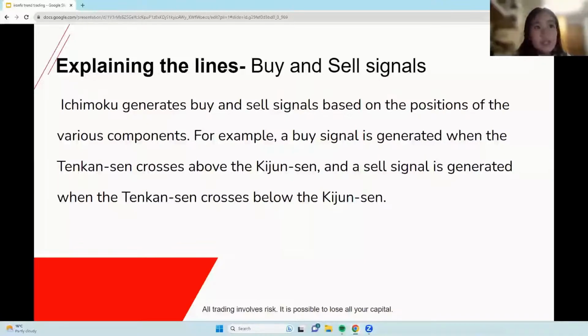So when you analyze all of these different lines, if they all line up nicely, then you have a very strong either bearish or bullish signal.